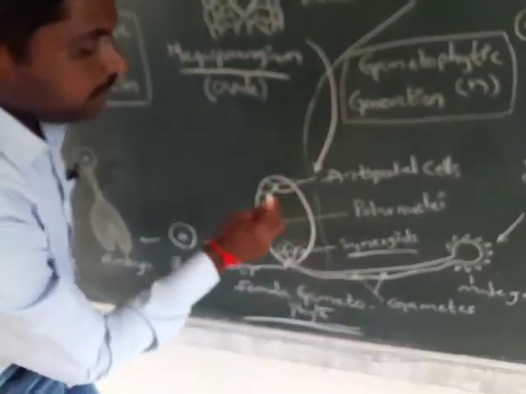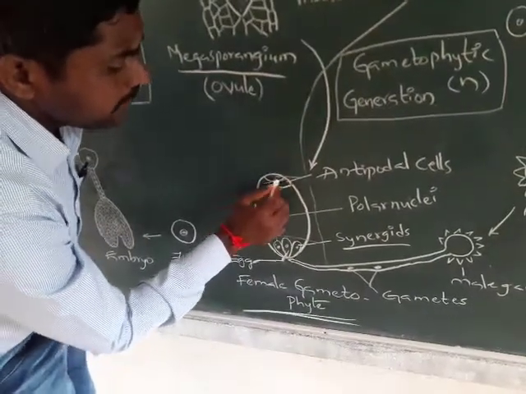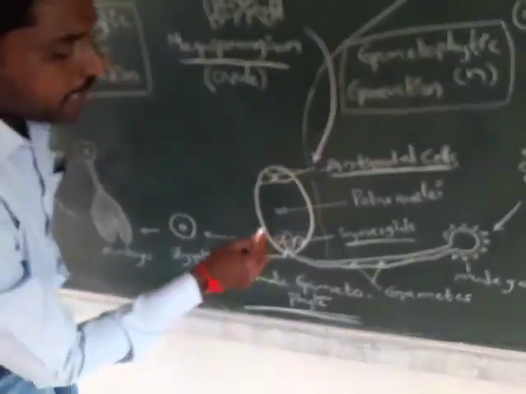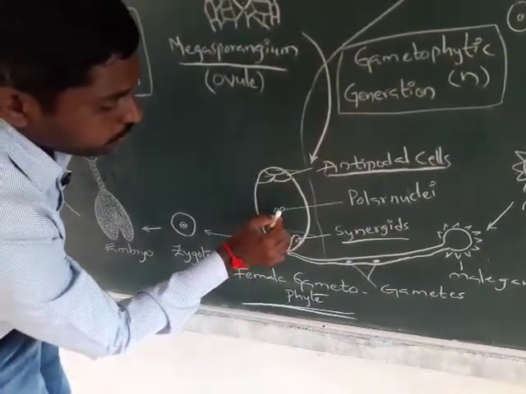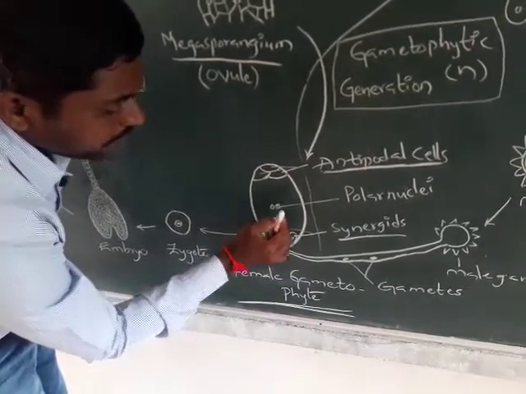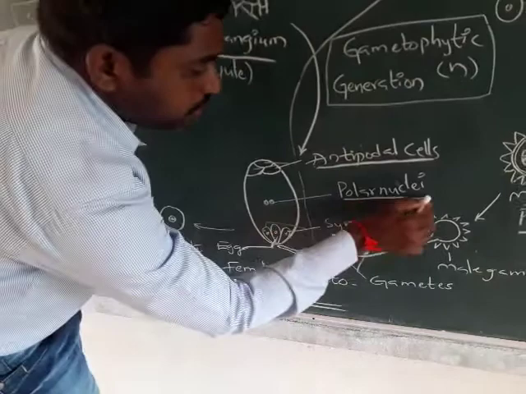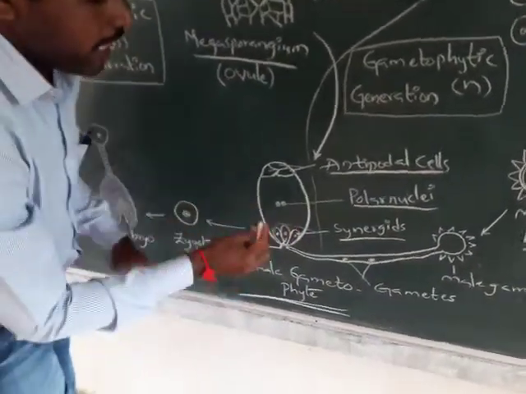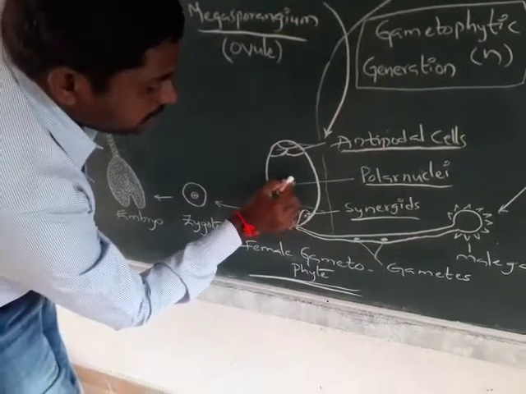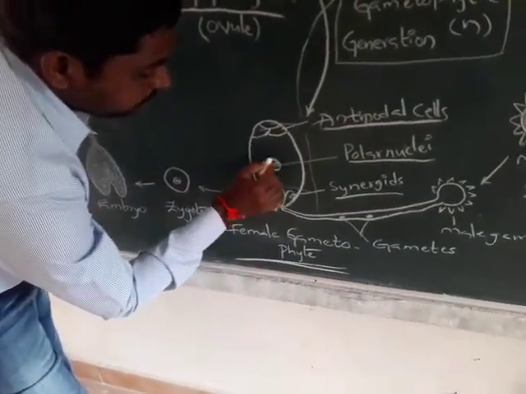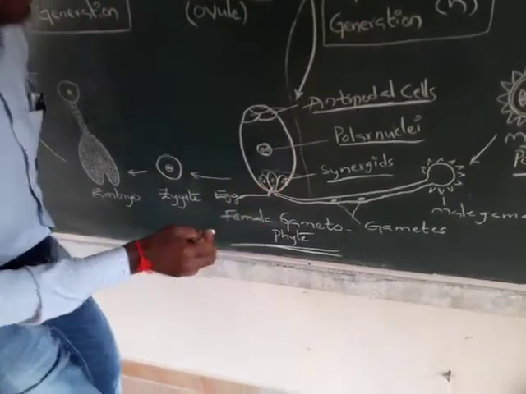And there are three antipodal cells. The remaining two nuclei in the middle of the embryo sac are called polar nuclei. These polar nuclei fuse and form a diploid cell.